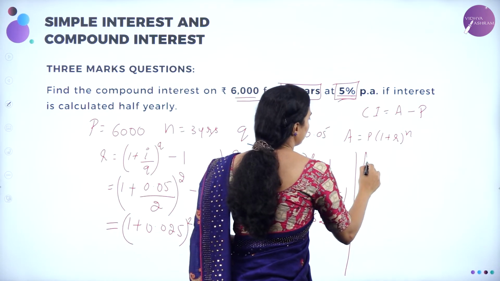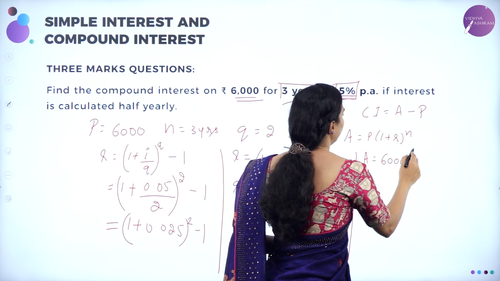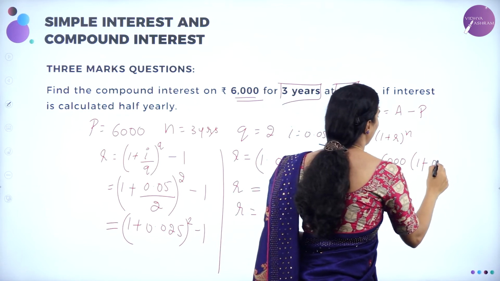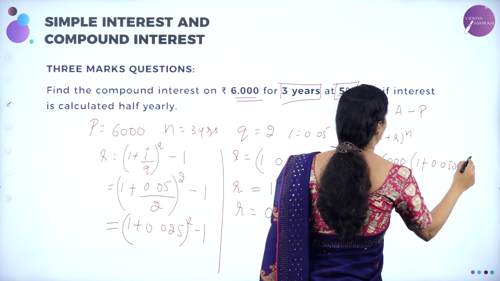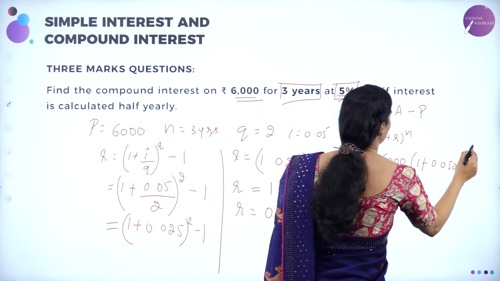A is equal to P, which means 6,000, into 1 plus R, which means 0.050625, whole to the power of n, which is nothing but 3 years.